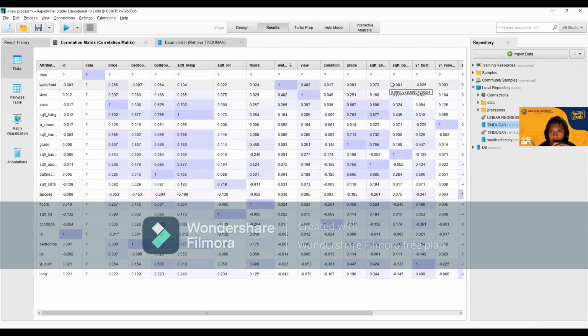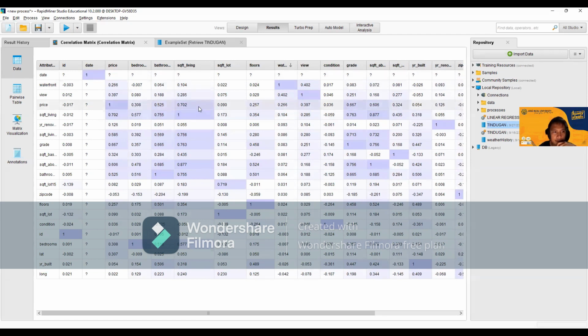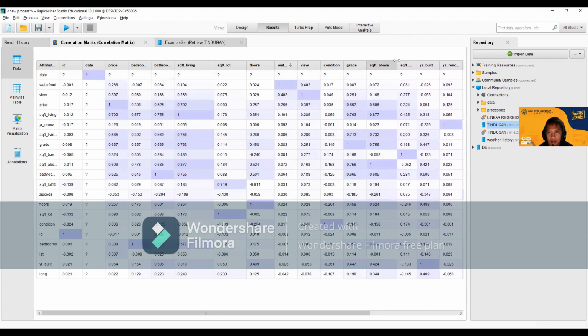The square foot lot has no relation, the floor at 0.2 is a little bit, so this one is not included. The condition has no relationship with the price. The grade and the square foot above have a good relationship with the price.